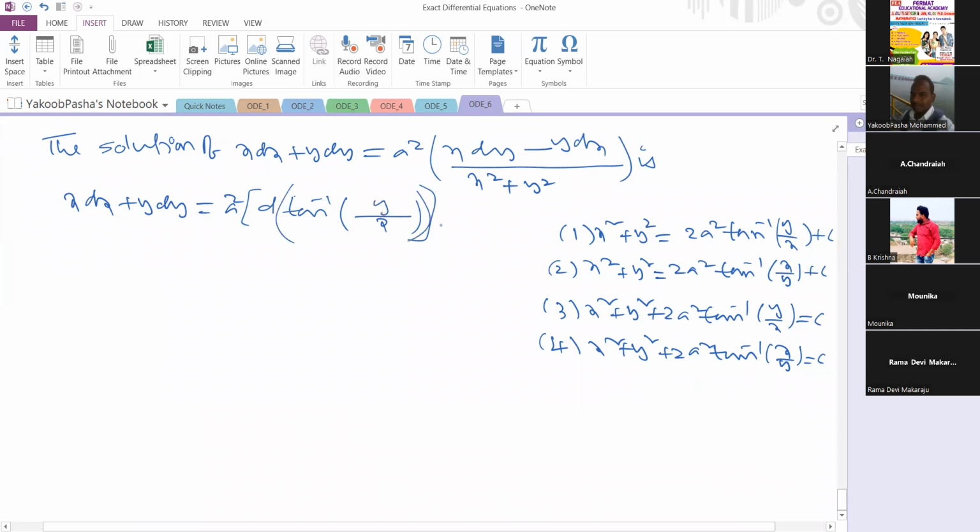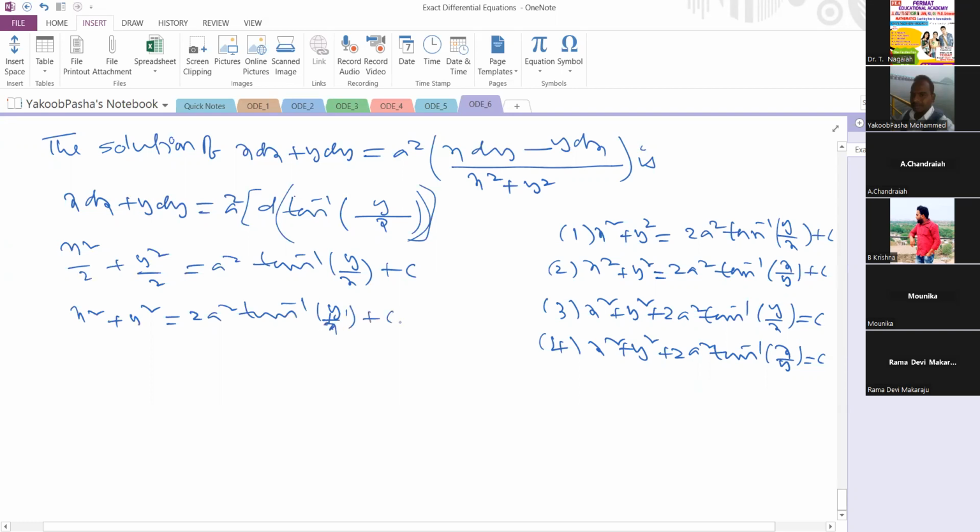Remember that here, when x comes, the denominator must have y. So d of tan inverse y by x. Now integrating on both sides we get x square by 2 plus y square by 2 is equal to a square tan inverse y by x plus arbitrary constant c. So x square plus y square is equal to 2a square into tan inverse y by x plus c. This is the first option, the right option.